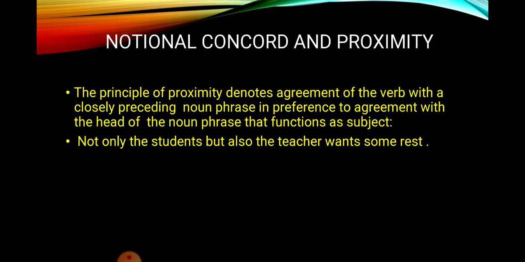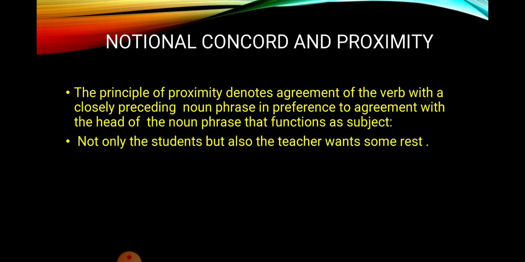Now the idea of proximity. The principle of proximity denotes agreement of the verb with a closely preceding noun phrase. If we have a subject composed of more than one noun or more than one noun phrase, in this case, the principle of proximity is going to be applied.